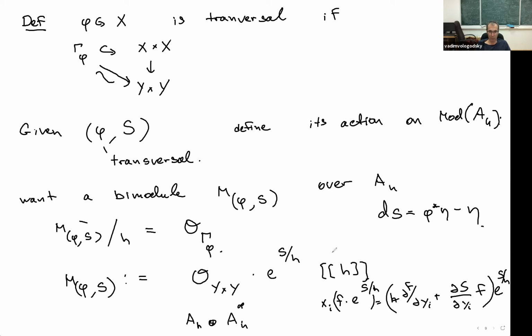You also have to construct an isomorphism between the composition of the two functors corresponding to phi, s and phi prime, s prime, and the functor corresponding to the product of these elements. You have to really show that this is a group action. But well, I think I have to stop here. Thank you very much.